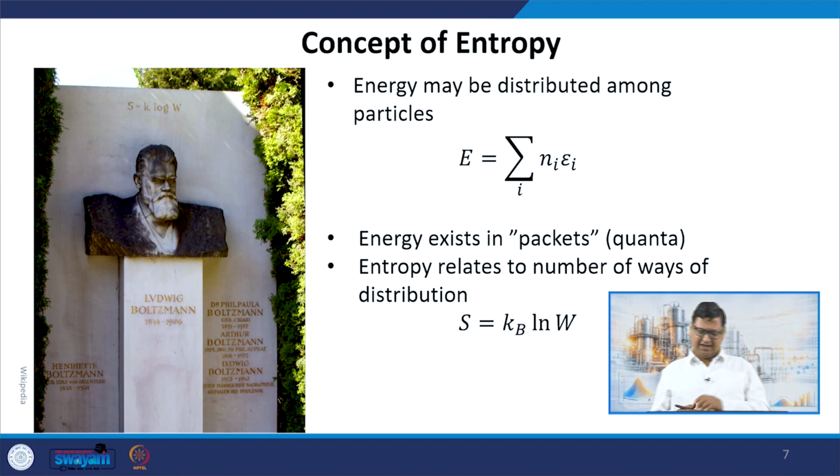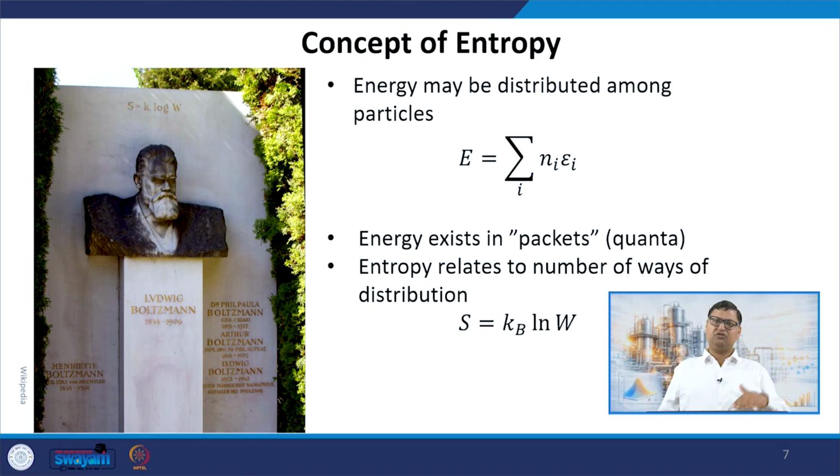Now that energy is of course distributed among the particles or the molecules in the system. And I was telling you that the kinetic energy can be different, the velocities need not be the same. For the purpose of temperature, we are talking about the average of V square, not the actual velocity of every particle in the system.